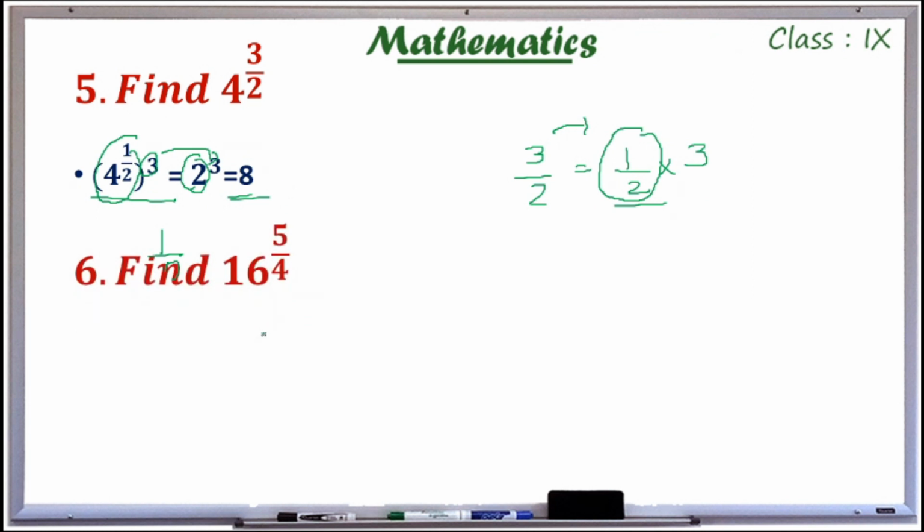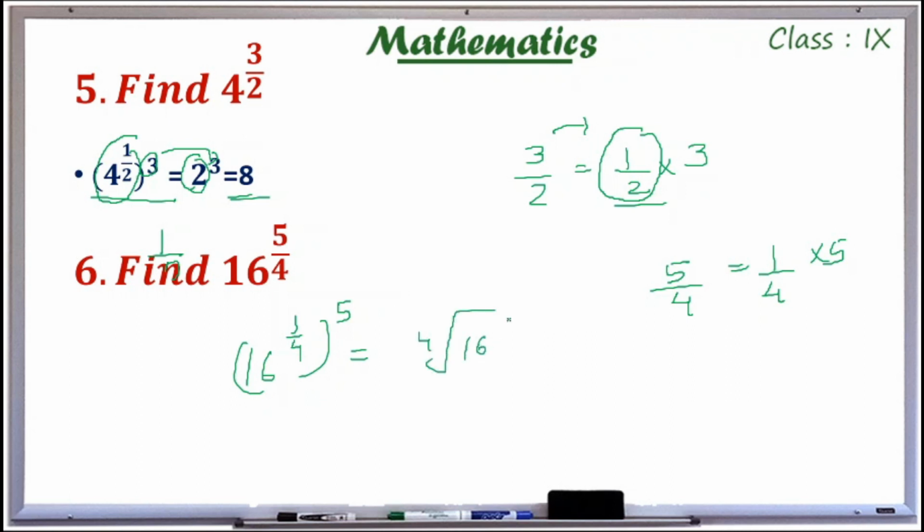16 raised to 5 by 4. I have to split 5 by 4 into 1 by 4 into 5. So I get 16 raised to 1 by 4 into 5. 16 raised to 1 by 4 is equal to the 4th root of 16, all raised to 5.